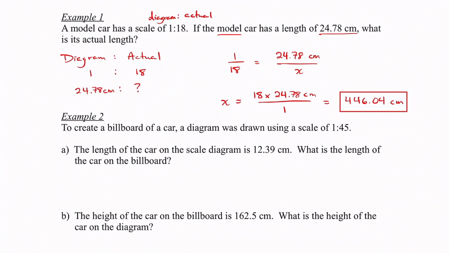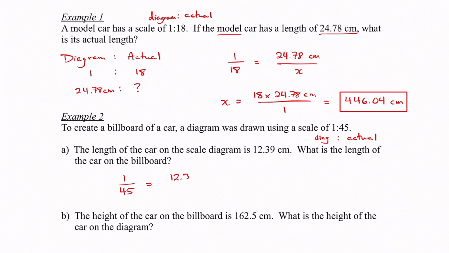It says example 2, to create a billboard of a car, a diagram was drawn using a scale of 1 to 45. And again, it goes diagram first and then the actual is second. So part A asks, the length of the car on the scale diagram, the small one, is 12.39 centimeters. What is the length of the car on the billboard, so on the large one. So I'm going to write my first fraction. I'm going to have 1 over 45. And then my scale one, that one has to go with the small one, the diagram one. So that has to go in the top of the fraction, just like this one went in the top of the fraction.